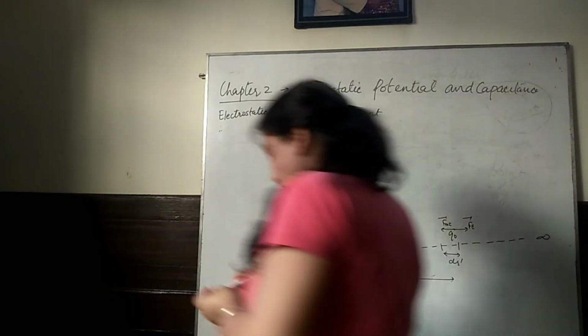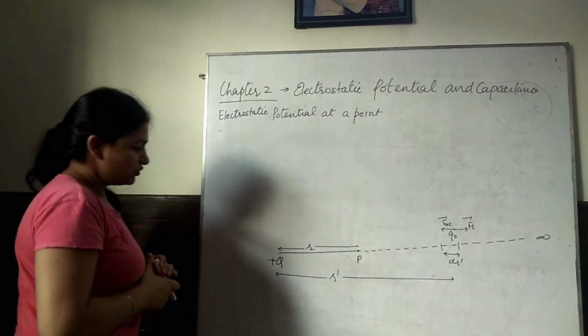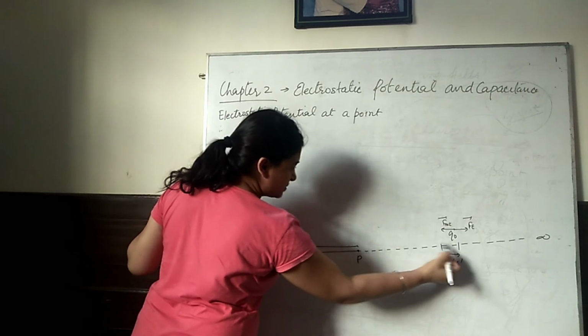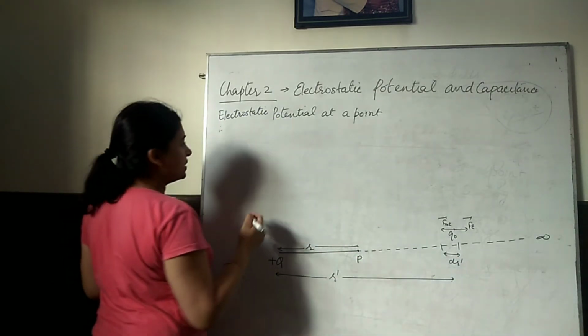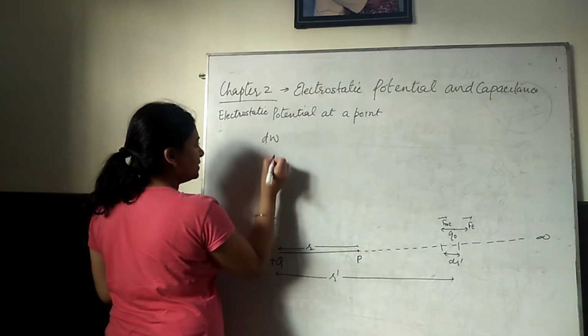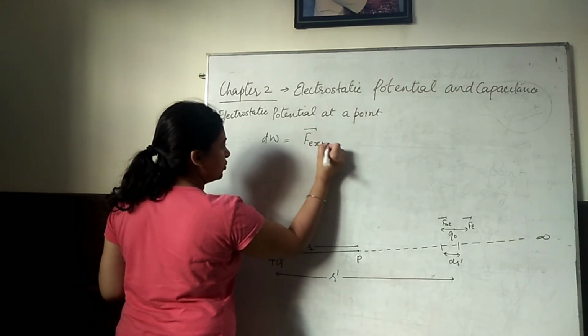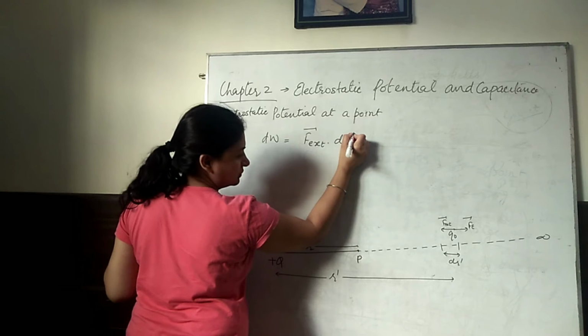So, electrostatic potential at a point. Using the concept of electrostatics, let us consider a small displacement of the test charge, dr dash. The small work done for that small displacement would be F external dot dr dash.